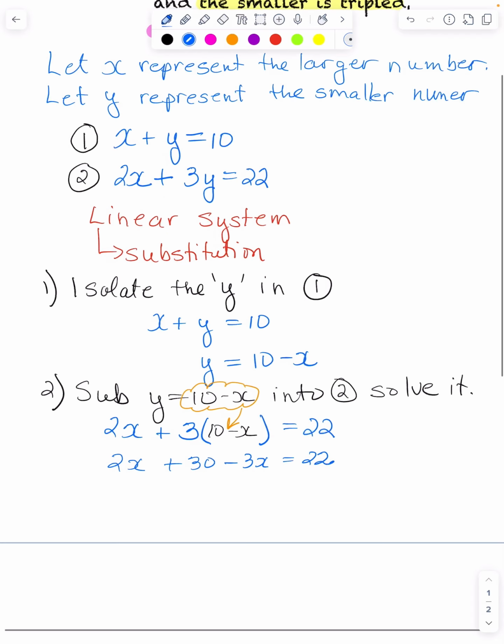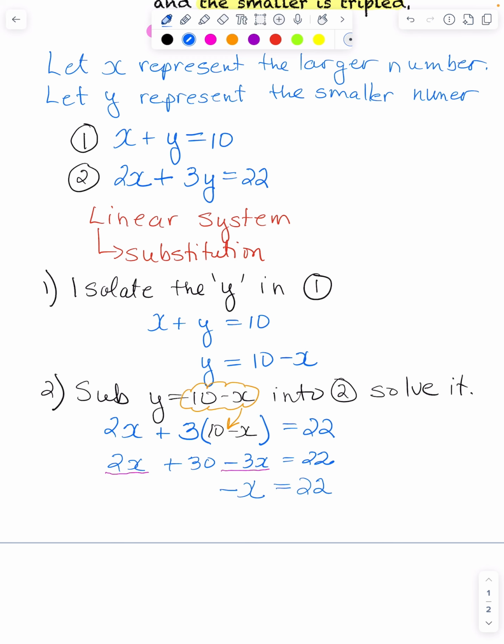And at this point, I'm going to collect like terms. And the like terms are 2x minus 3x, which will give me negative x equals, I'm going to leave the 22 where it is, and I'm going to subtract 30 from both sides. This way I have minus 30 on the right-hand side of the equation. Negative x is equal to negative 8.